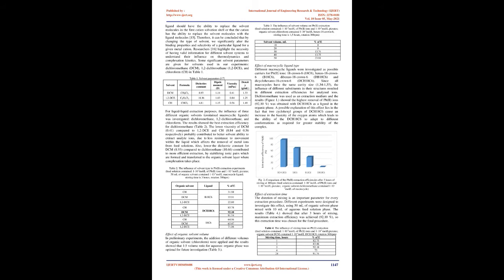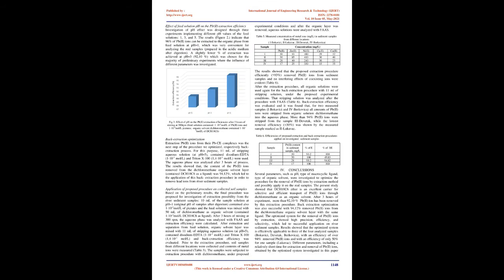For liquid-liquid extraction purposes, the influence of 3 different organic solvents, containing macrocyclic ligands, was investigated: dichloromethane, 1,2-dichloroethane, and chloroform. The results showed the best extraction efficiency for dichloromethane, Table 2.